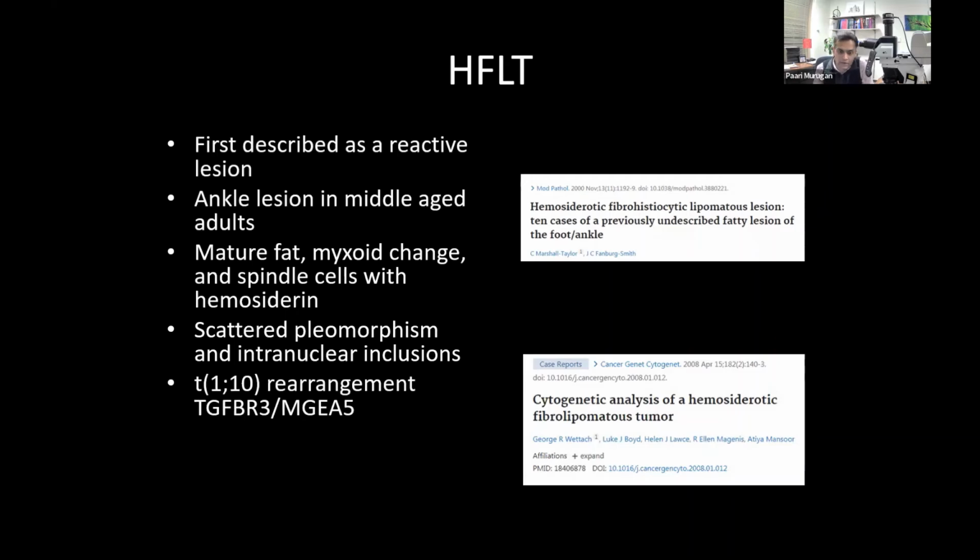They have a characteristic translocation between chromosome 1 and 10, involving the transforming growth factor beta receptor and the MGEA5 gene. This was found in a majority of these cases. So we know now it's a true neoplasm. This obviously is a benign neoplasm, although it can often occur locally, and sometimes it can also progress.